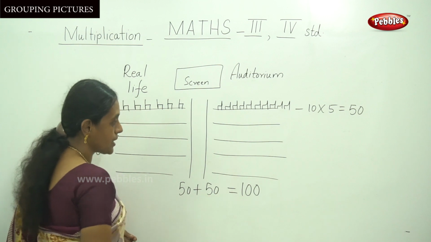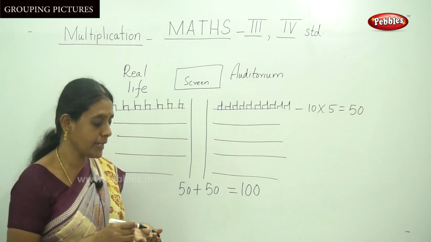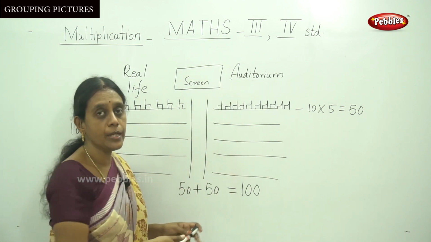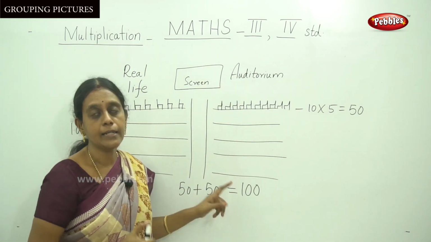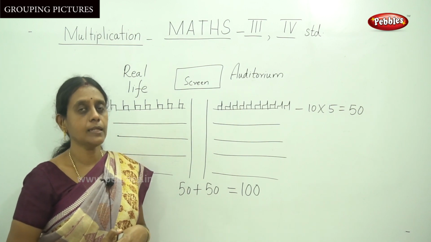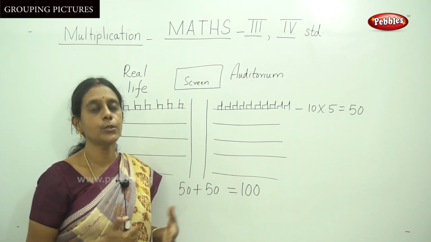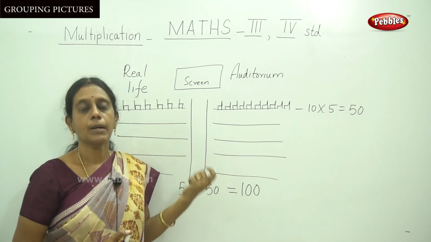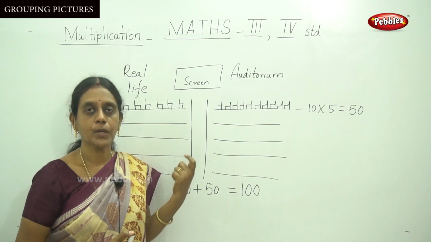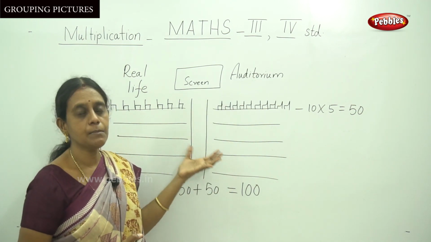So the number of persons that can be accommodated in this auditorium is 100. It is an easy way to calculate the total, or the product. You can do it within a second using multiplication logic, the multiplication table.